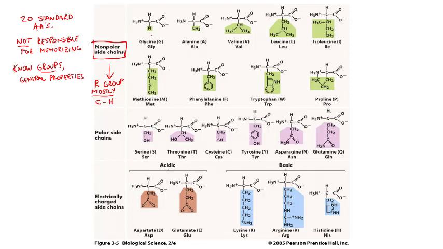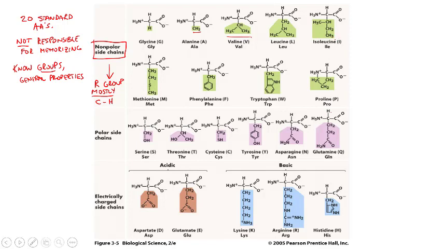Right, so glycine could be considered a nonpolar amino acid. The side chain is just hydrogen. Alanine, it's a methyl. Valine, it's an isopropyl. Leucine, we get an isobutyl, right? And it just keeps going from there. Isoleucine, it's sec-butyl, and so on.